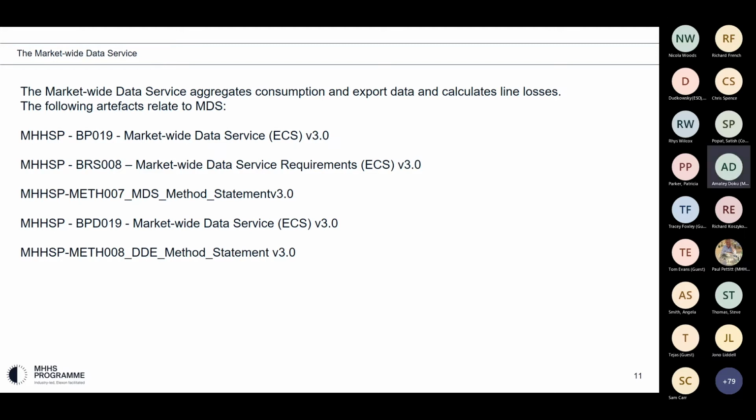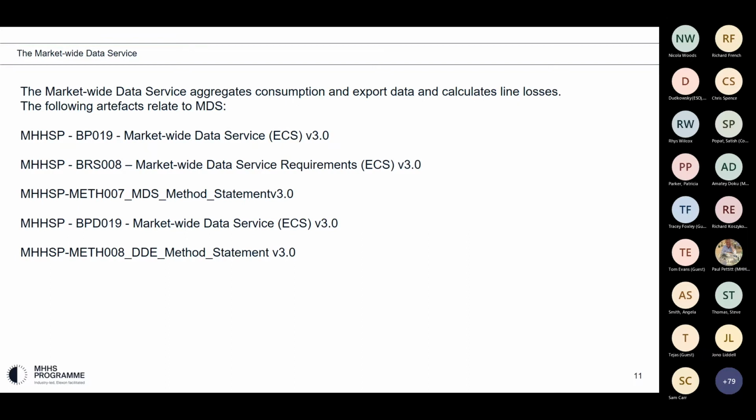Thank you. We've got another question, which is, what visibility will we get of exceptions which may occur, such as failed D10s on legacy meters or unexpected consumption spikes? There will be exception reports.